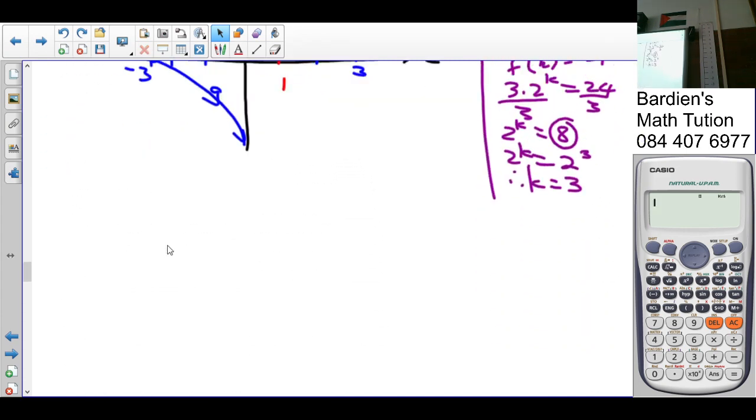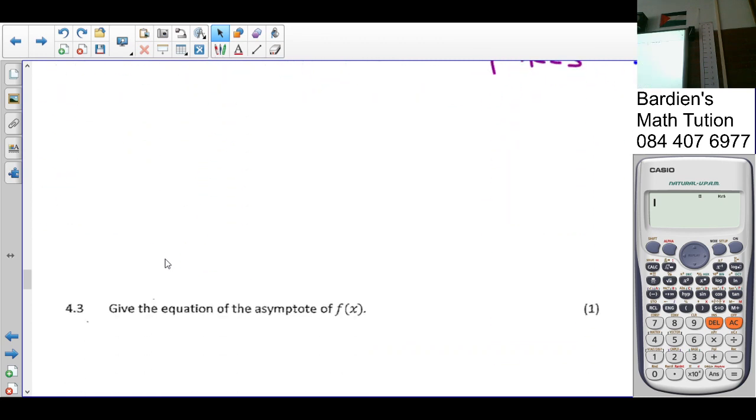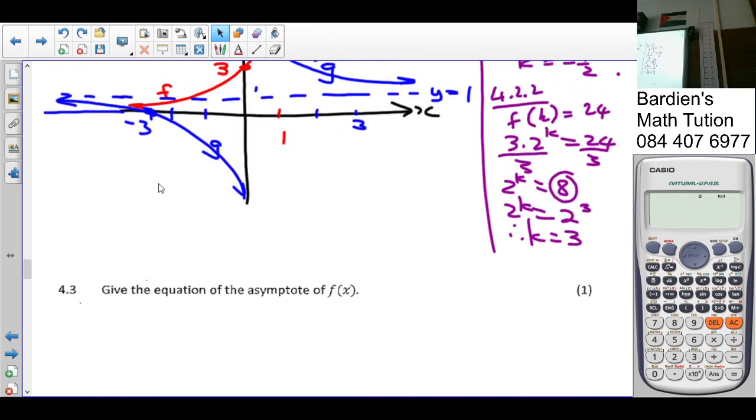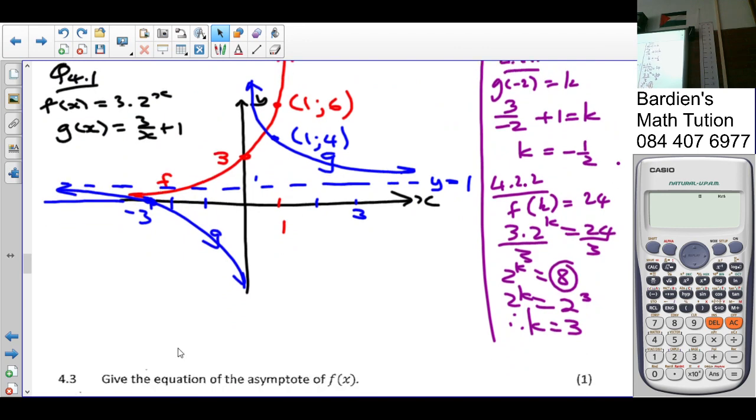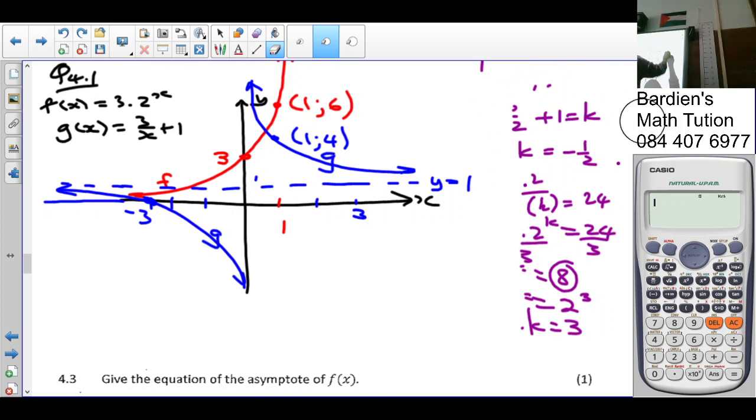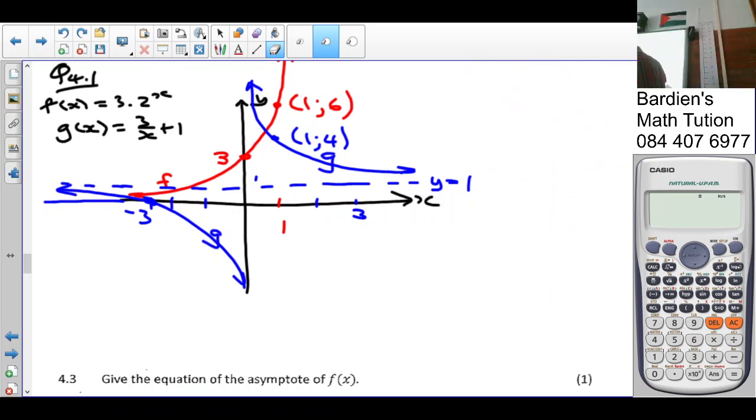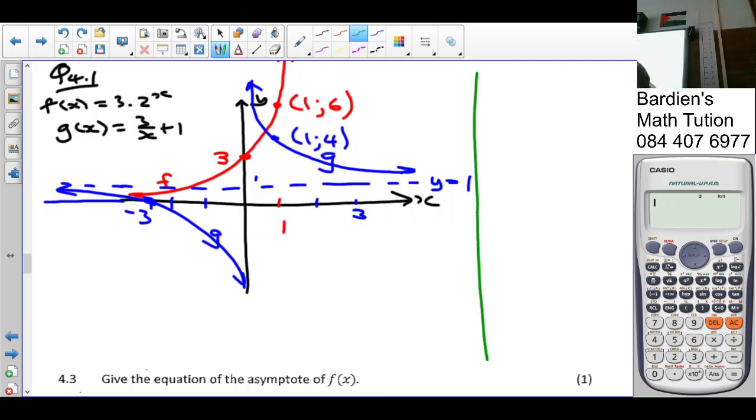4.3 says, give the equation of the asymptote of f of x. It's an easy question. Why did I ask you something else?